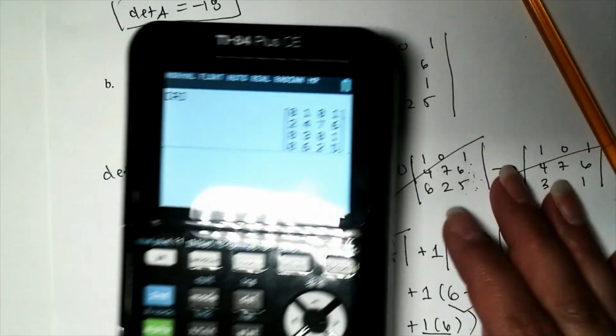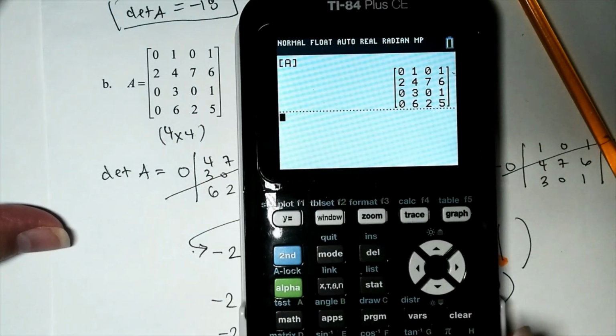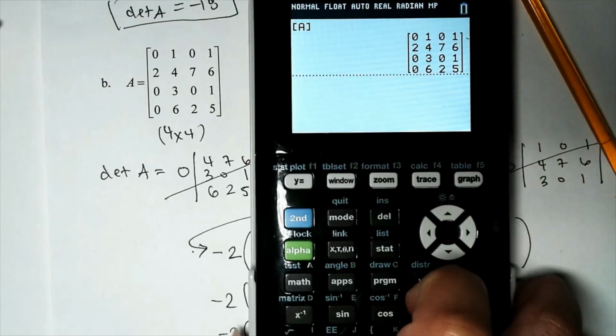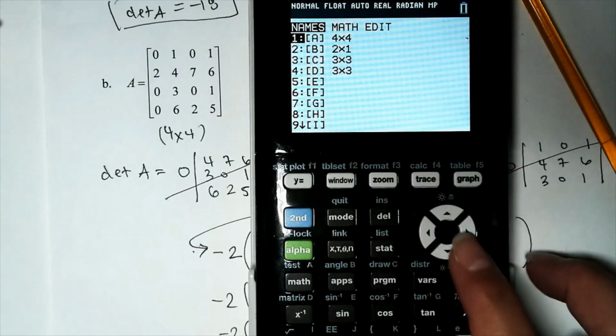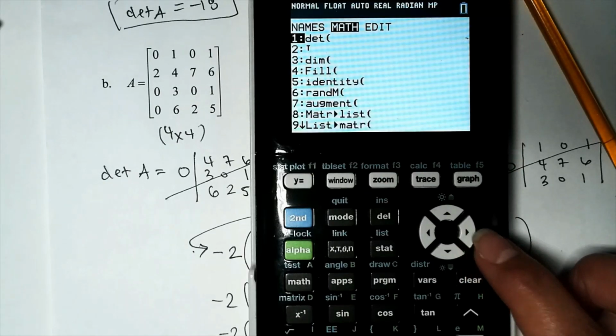Cool. Now, I haven't used my calculator to do this in a long time, so hopefully I do it correctly. Anytime you want to do something with the matrix, you have to go to the matrix home screen. So second, matrix. I'm going to guess, because I forget, that we hover over to the math tab. I guess right.